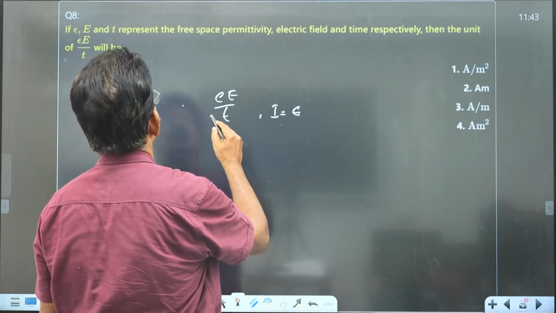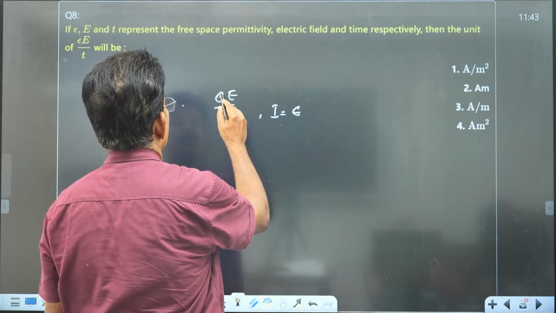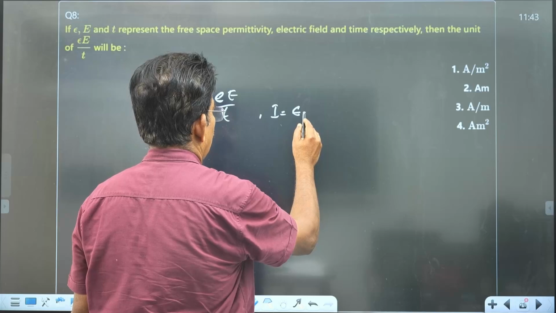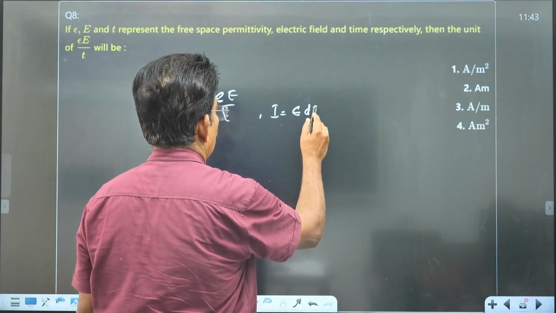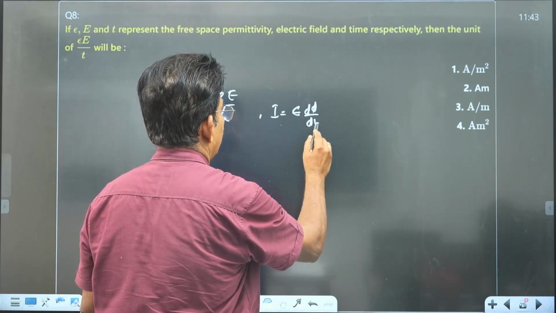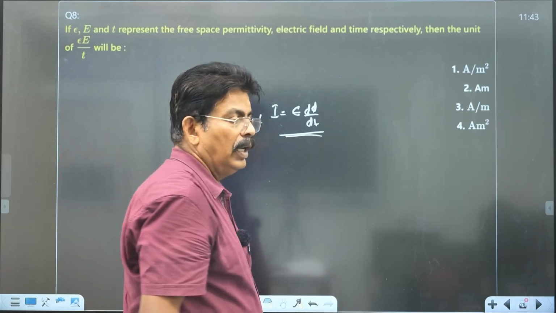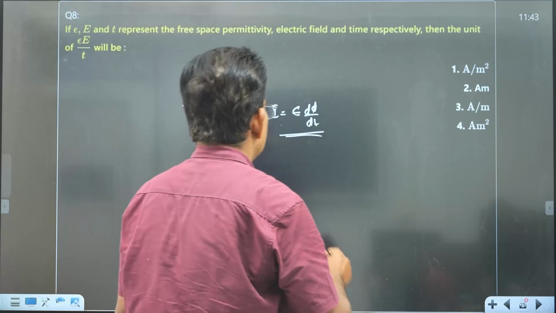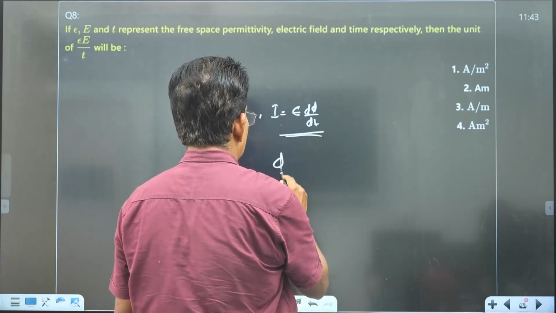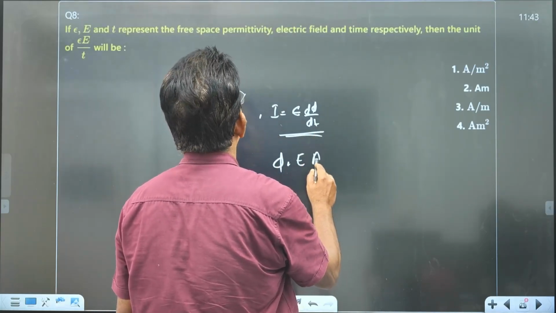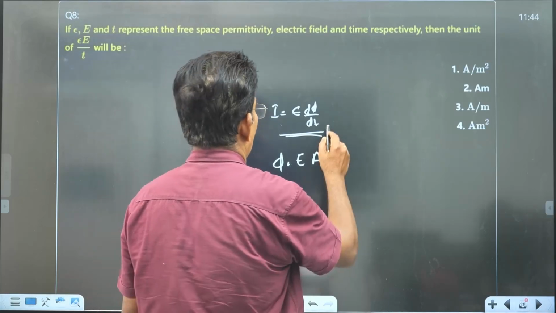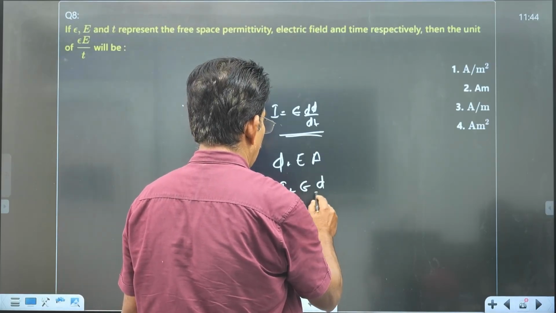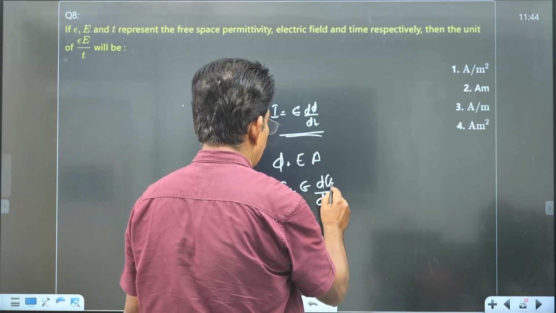I equals epsilon, or epsilon 0, whatever it may be, into d phi by dt. Everybody knows that? Then phi is given by E into A, isn't it? So I can write I is equal to epsilon into d by dt of E into A.